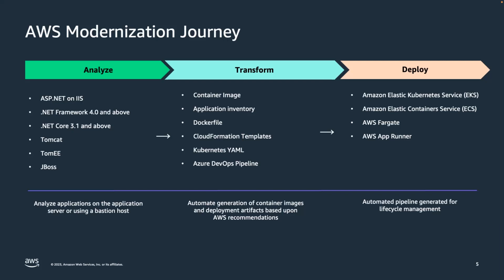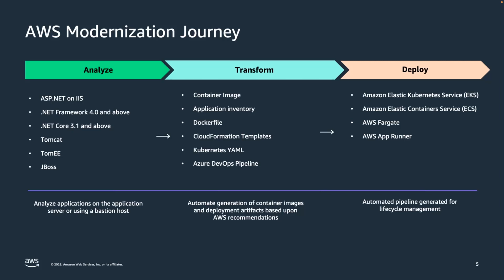Then we get to the deploy phase. What App2Container will do is create deployment automation artifacts that you can take and put into your CI/CD pipelines or any type of other automation that you have in order to deploy the application into your EKS, ECS, AWS Fargate, or App Runner.